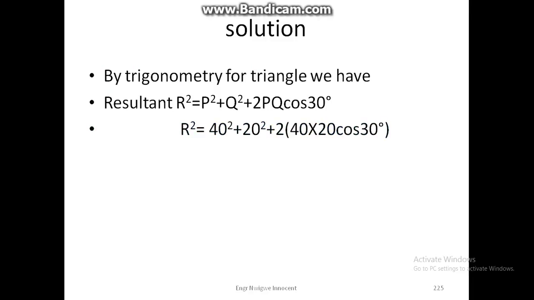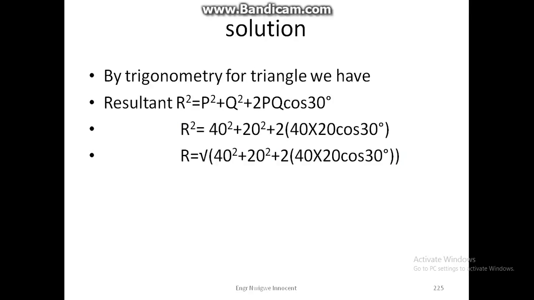Substituting the values, R squared is equal to 40 squared plus 20 squared plus 2 in bracket 40 times 20 cos 30.